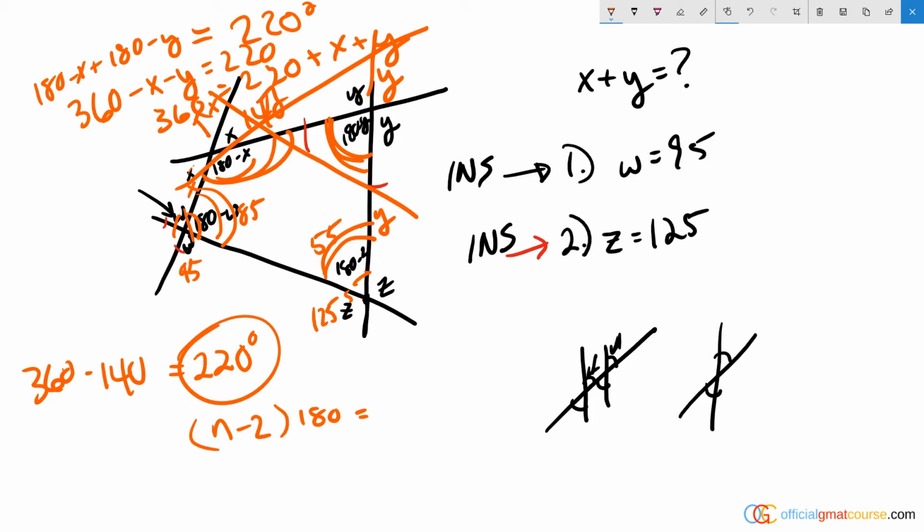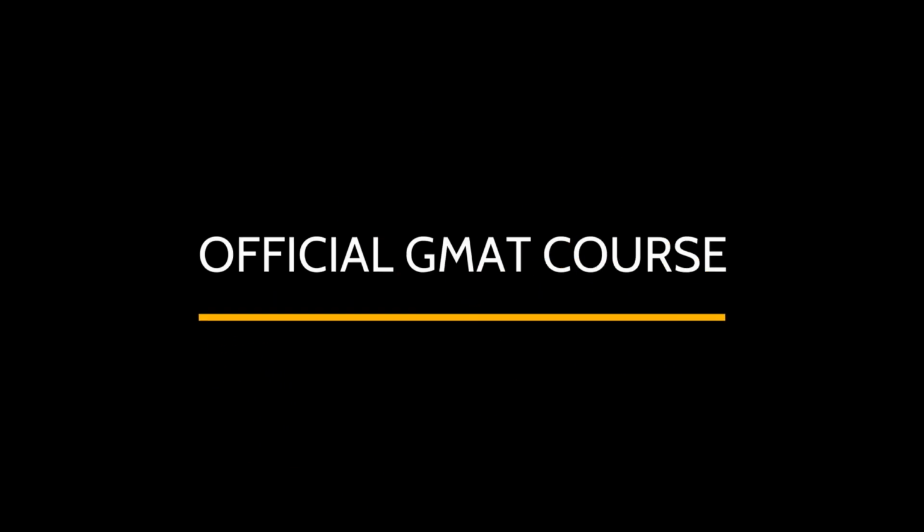So that's one way of looking at it visually and saying it looks like we're always getting x plus y is equal to one consistent thing, because when I manipulate it, x gets bigger as y gets smaller and vice versa. So that's a more visual way of solving it. I would feel pretty confident either way that my answer is answer choice C. Together, these statements are sufficient, but on their own, they are insufficient.